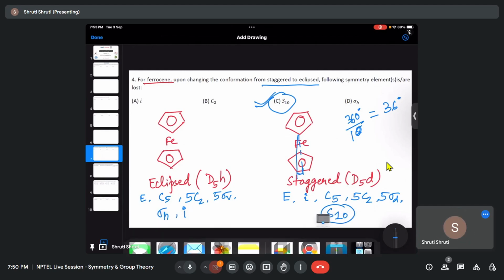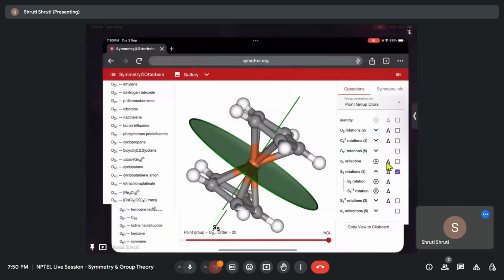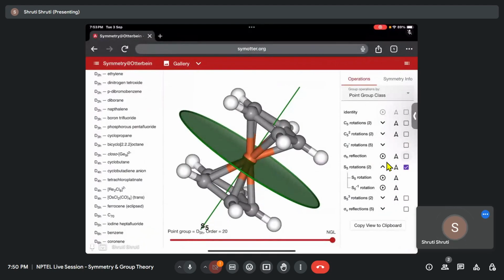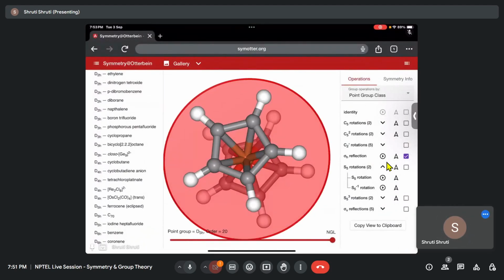Sigma h. Let's see sigma h here. This same plane is the sigma h plane.